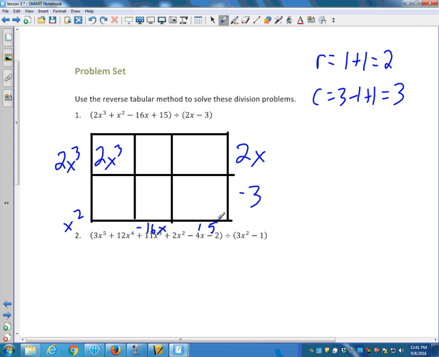You have about 4 minutes left in class. If you're not sure what's going on, now is an excellent time to ask. You should know how many rows, how many columns, how to fill in the columns, how to do the division, and get the answer.